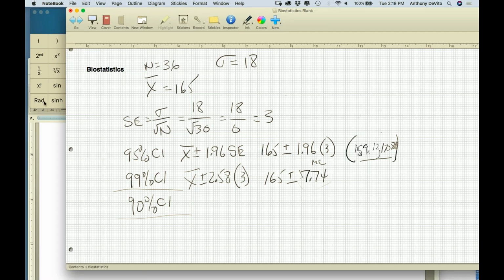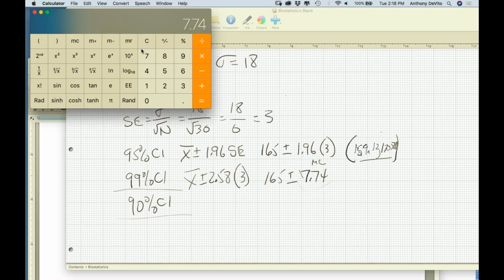And I'm going to add and subtract that from our sample mean, 165 minus 2.58 times 3.